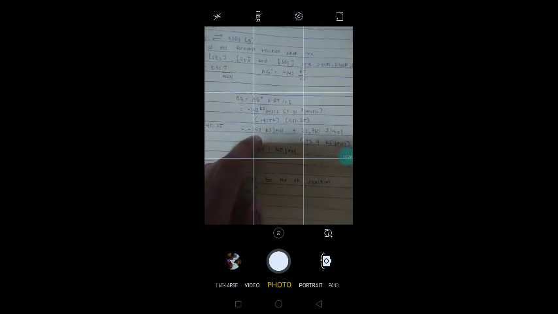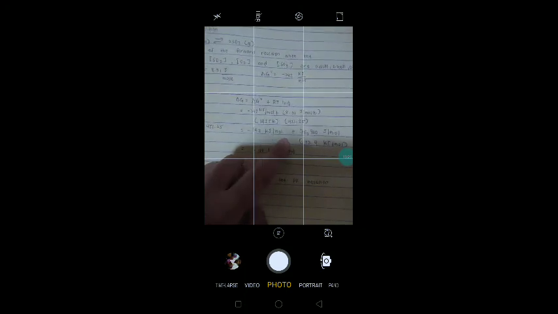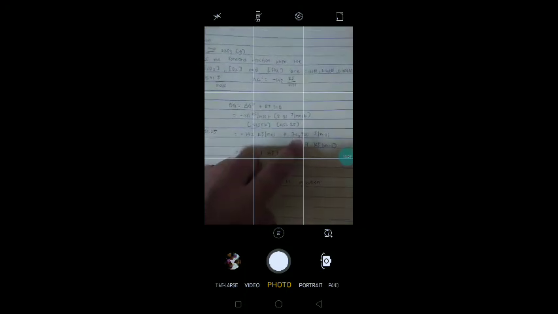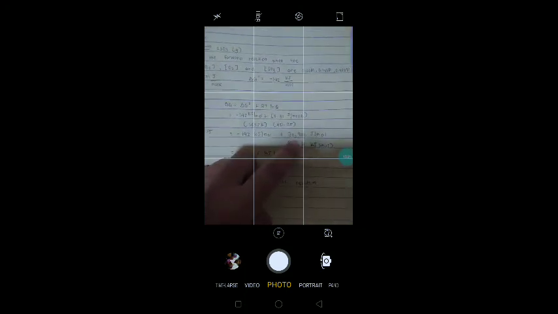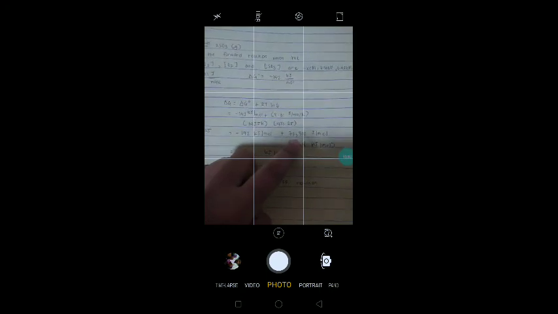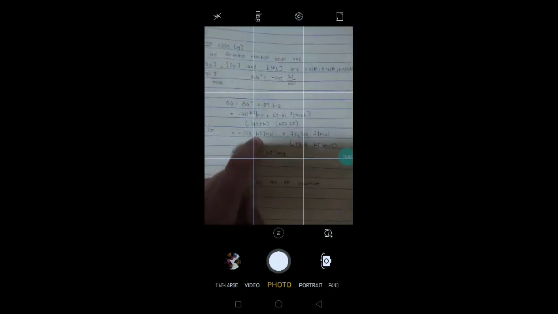So to solve, we have negative 142 kJ over mole plus 73,900 joule over mole. Since we have here the kJ, we will convert this into kJ. So we will have 73.9 kJ over mole. The final answer is negative 68.1 kJ over mole.